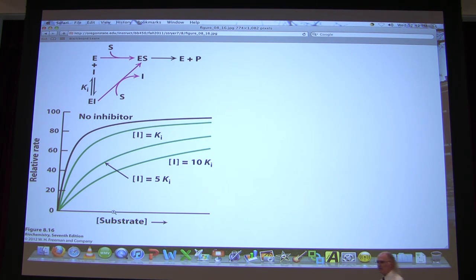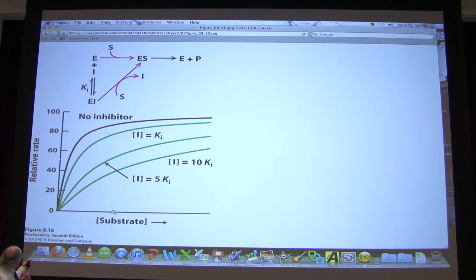What happens to Km? It's a good point to think about Km. What's going to happen to Km? Is it going to be the same also? Nobody wants to stick their neck out on that one. Let's think about what this means. Here's our Vmax at 100, let's say. That means half of Vmax is going to be right here at 50, right? Because for Km, I have to measure the velocity at Vmax over 2.